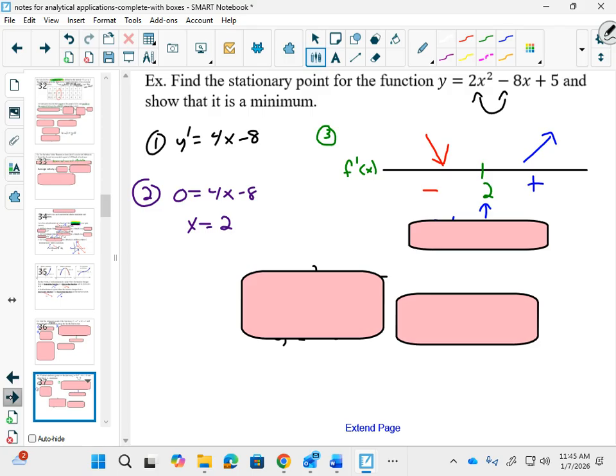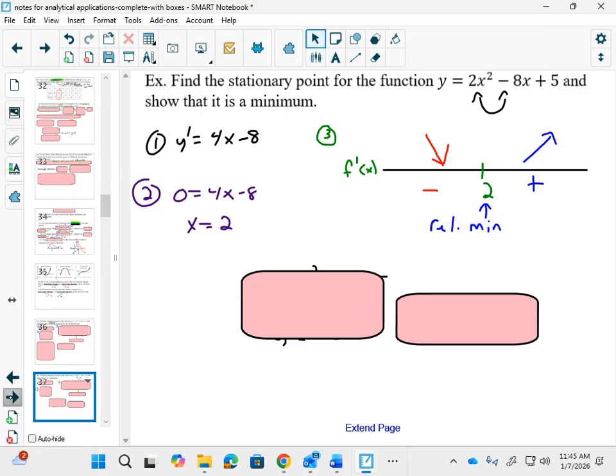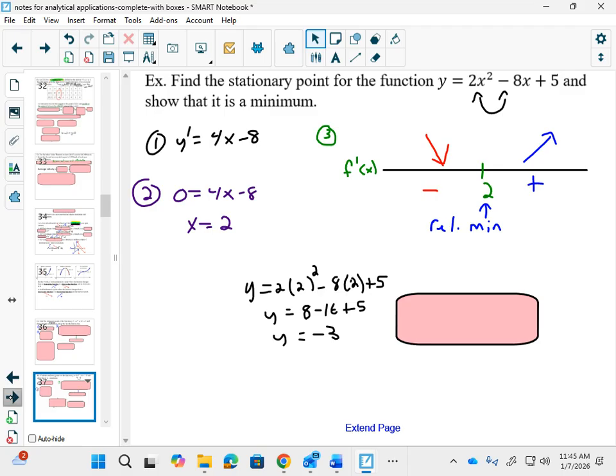It's not hard. And so it has to be a relative minimum. Did it say find the point? Yes. So now we have to take that 2, plug it into the original equation, and we get (2, -3). Is that quicker than completing the square to find the vertex? Maybe.